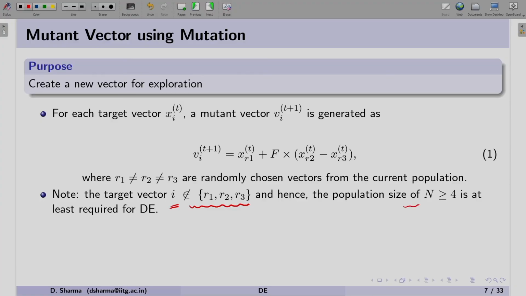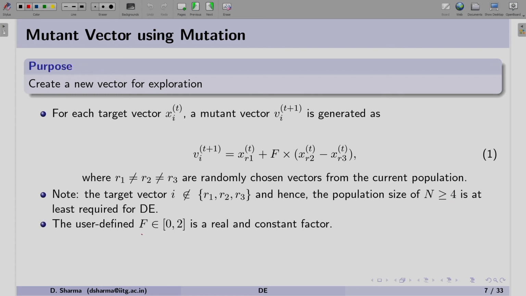So, as we have written here, the population size of DE should be greater than or equal to 4 to start this algorithm. Now, the scaling factor f in formula number 1 is generally a scalar factor, and we take any value between 0 to 2.